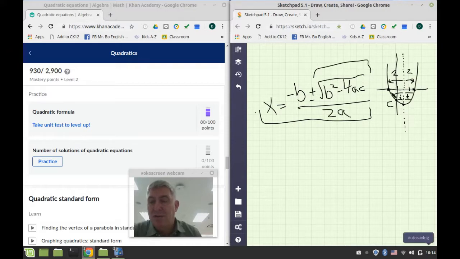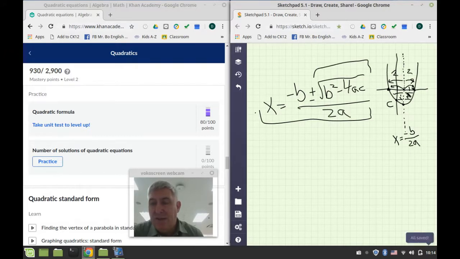this part here. So you can see if we look at the axis of symmetry, then the roots, the zeros, it's plus and minus. So this line of symmetry is actually at x equals negative b over 2a.